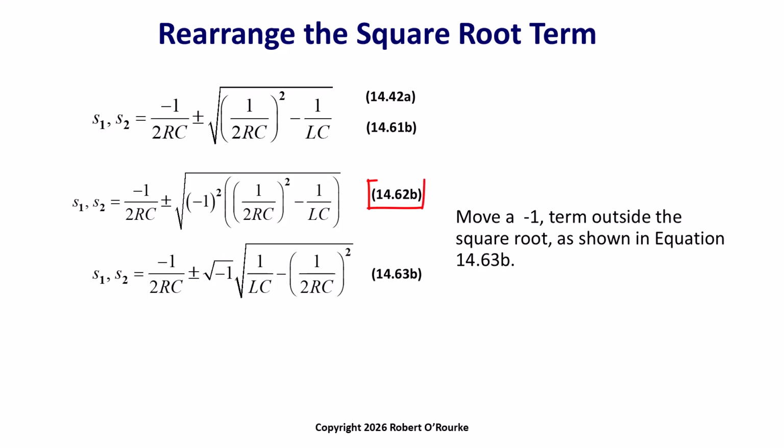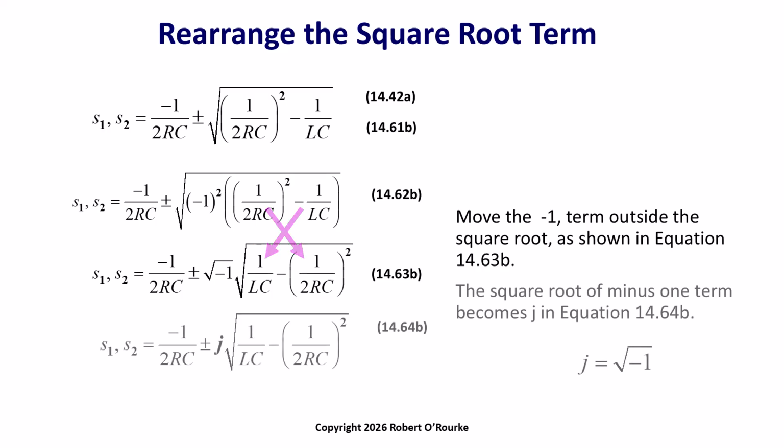From equation 14.62b, a minus 1 term comes outside of the square root sign as the square root of minus 1 in equation 14.63b. The other minus 1 term from the minus 1 squared term remains under the square root sign where it distributes and terms change sign.